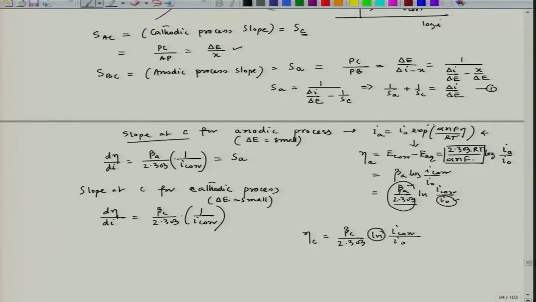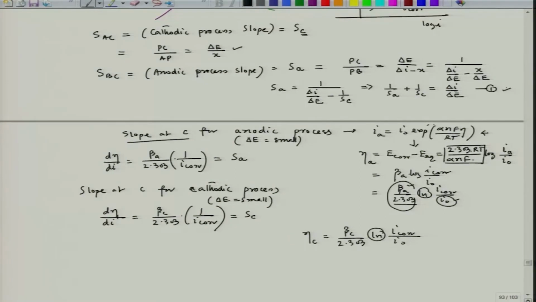And remember, we are taking everything in the log term, and because we have 2.303 added, that is why we are taking 2.303 in the denominator. So now this is nothing but SC.